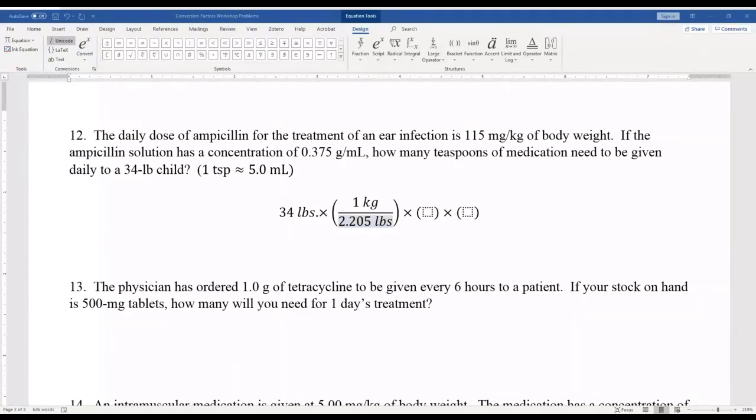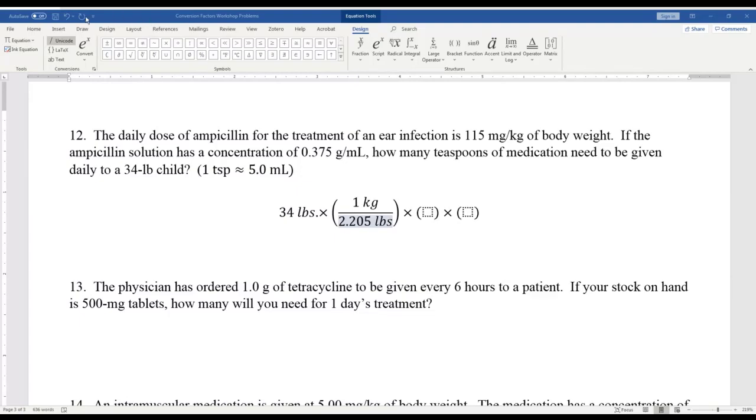Yeah, the English to metric conversion table that I gave you at the beginning has a conversion between kilograms and pounds. It's a little bit confusing, but you have to convert to kilograms first because the daily dose that was ordered by the doctor is 115 milligrams per kilogram of body weight. So we need to get kilograms of body weight before we can go any further.